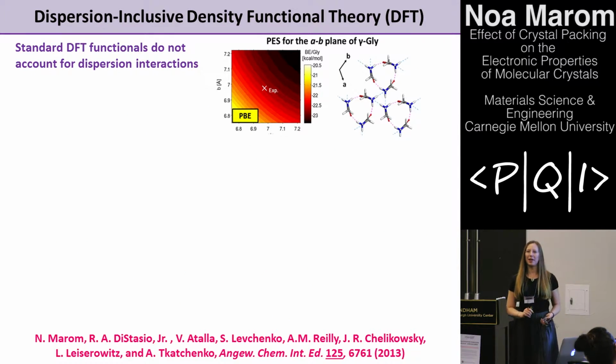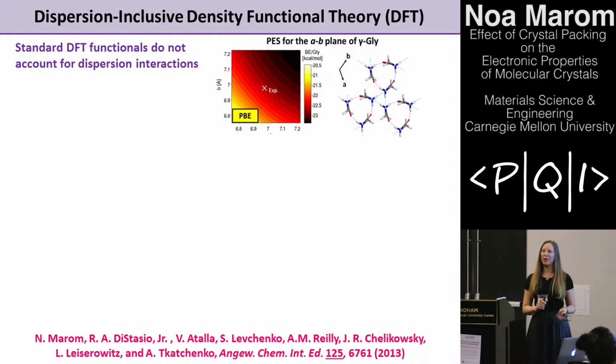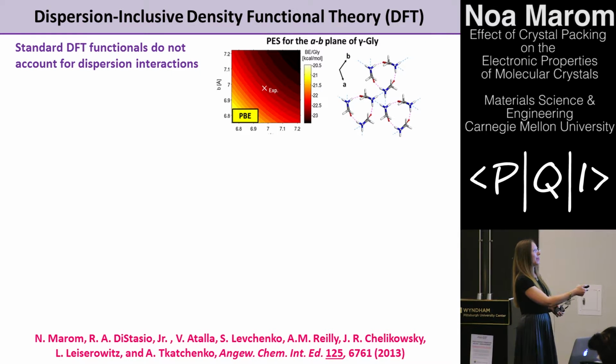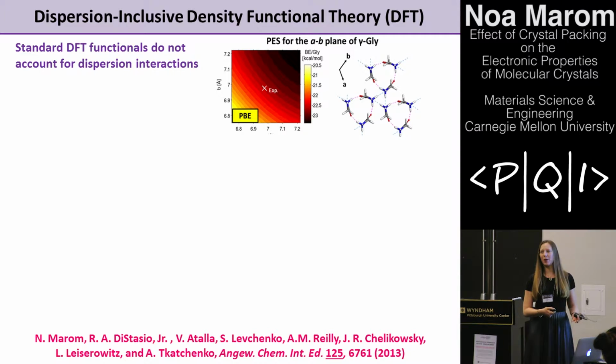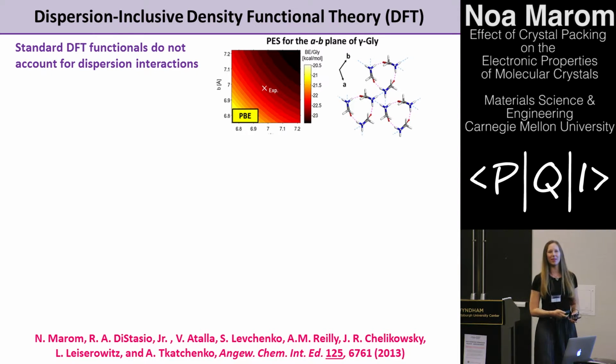So actually, in standard DFT functionals, the situation is that they don't describe van der Waals interactions very well. Here you can see an example for the AB plane of gamma glycine, and this is a typical DFT functional, PBE, and this little cross is the experiment. That's where we're supposed to be, but you can see that the minimum is somewhere over there, pretty far away.